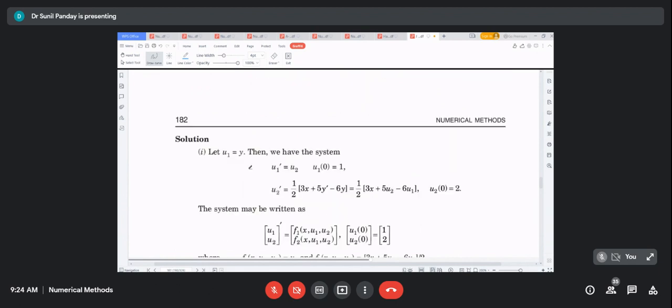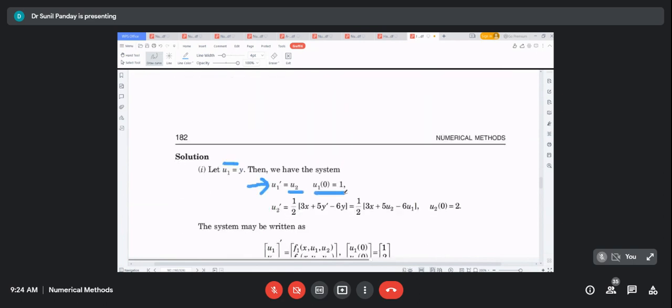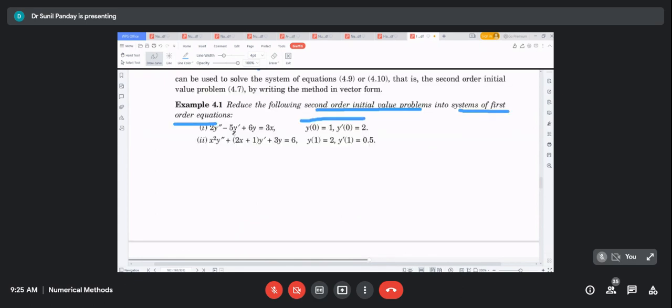Again, what we do is assume that u1 equals y and the derivative of u1 equals another variable u2. Obviously the first condition is y(0) = 1, so we have u1(0) = 1, as y equals u1. Then we take u2', but u2' equals y''.